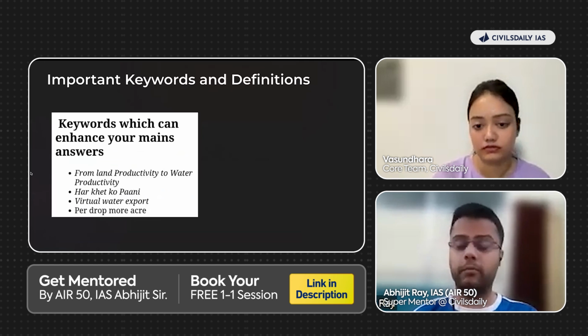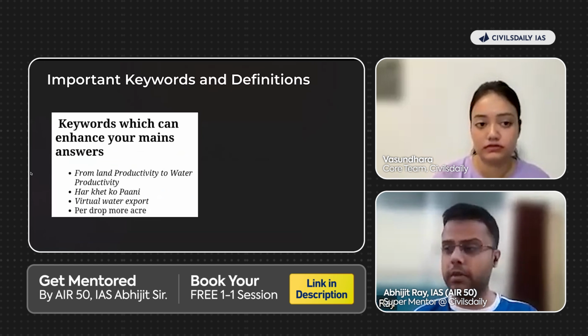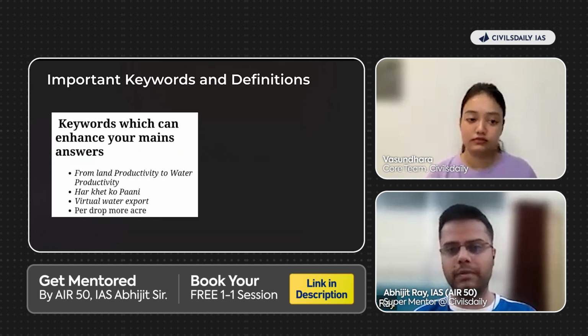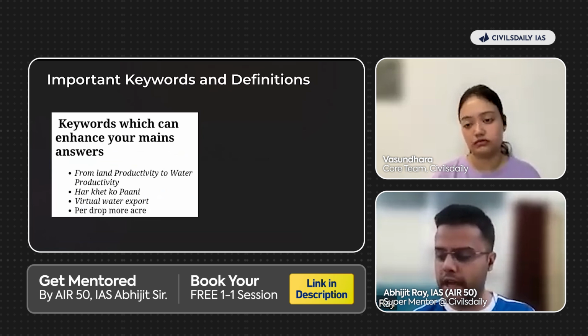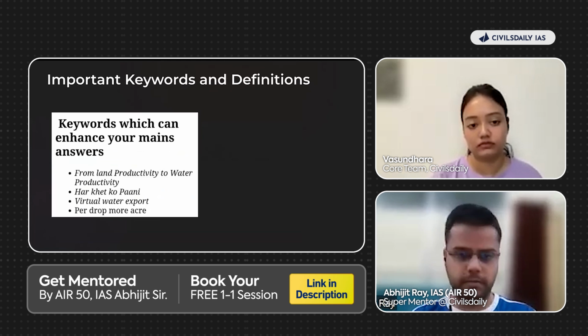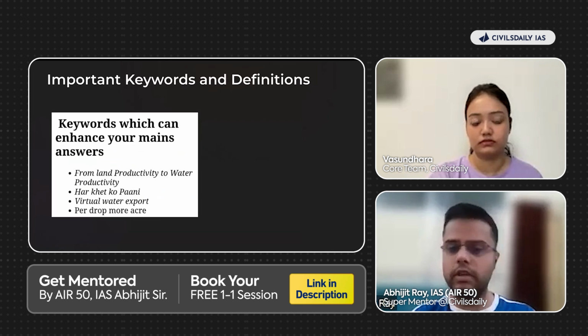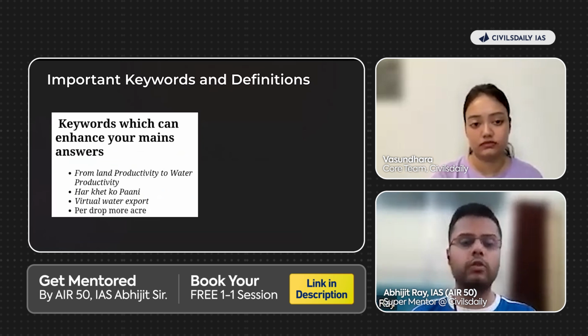Yeah, this is very important. Whenever you make notes, your notes should help you in writing mains answers. Obviously not only from a content perspective, but also from a keywords perspective. So, for example, these keywords, wherever they come up, let's say in the editorial or wherever you are making notes from, such catchy keywords, write them down, and these help you in writing good enough answers.